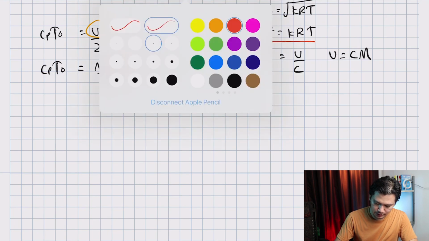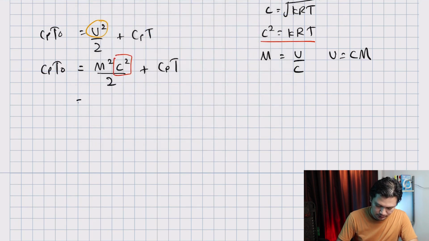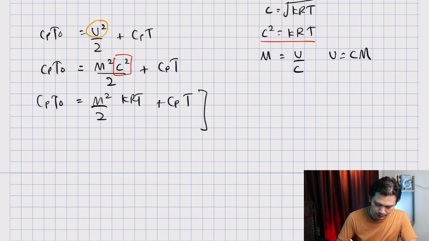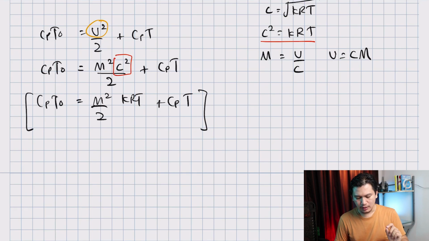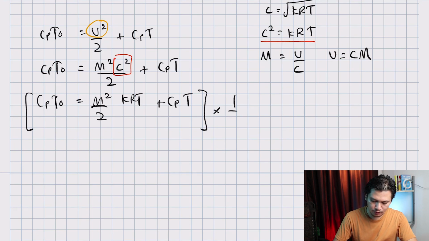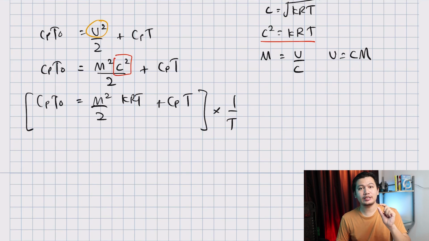And I'm just going to put that into the equation. This is M squared times kRT divided by 2 plus Cp T. Okay, this is equal to Cp T0. Alright, and what I'll do next is I will multiply everything with 1 over T and bring the Cp from the left to the right hand side of the equation.